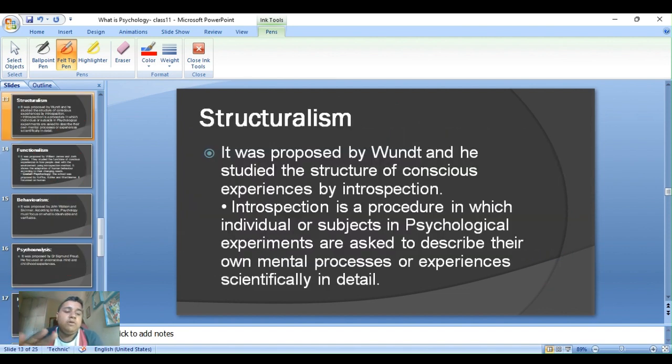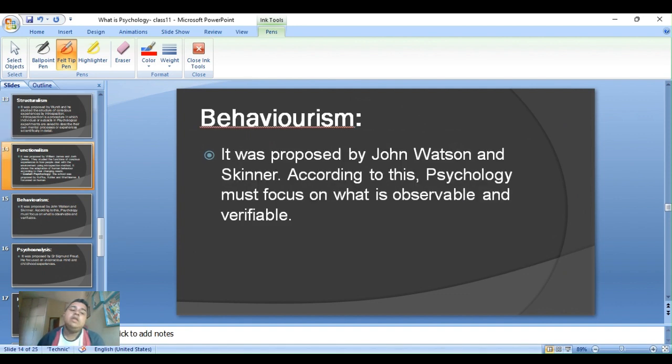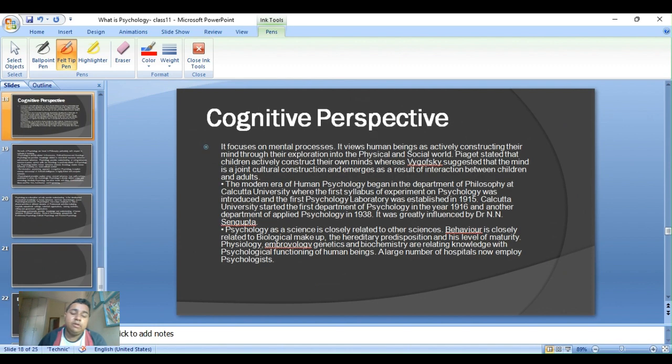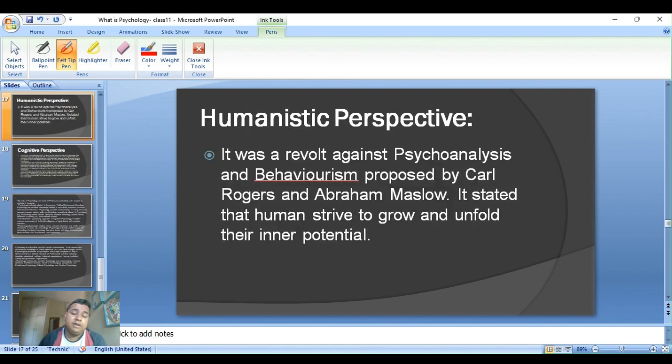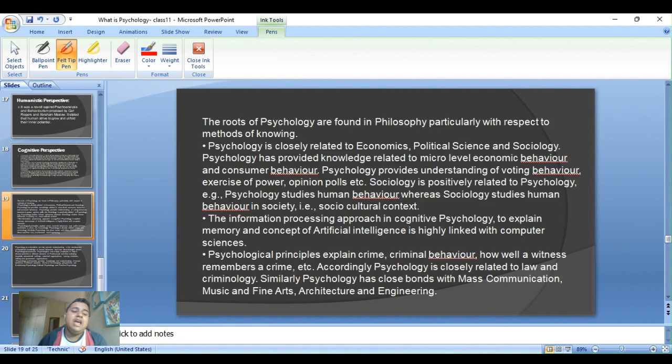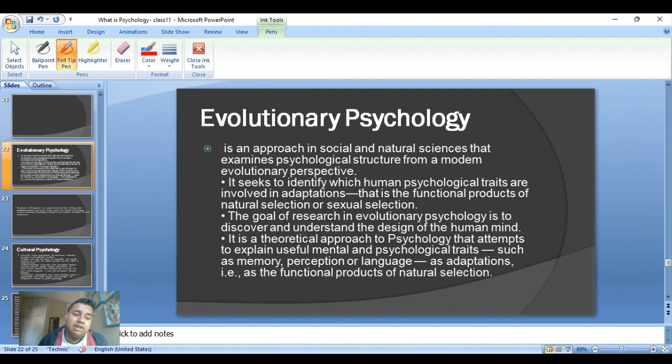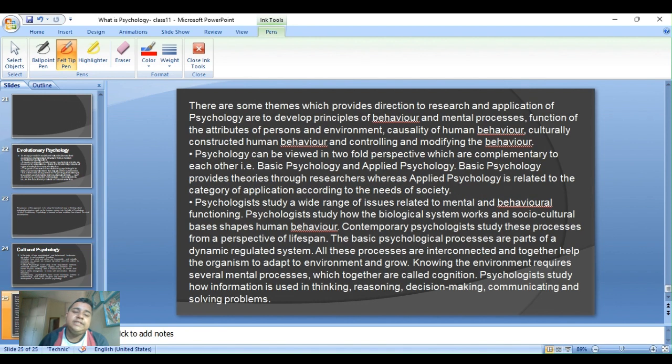ठीक है, अब हमारे पास हैं structuralism, functionalism, behaviorism, psychoanalysis, humanistic perspective, cognitive perspective, evolution psychology, cultural psychology. That's it.